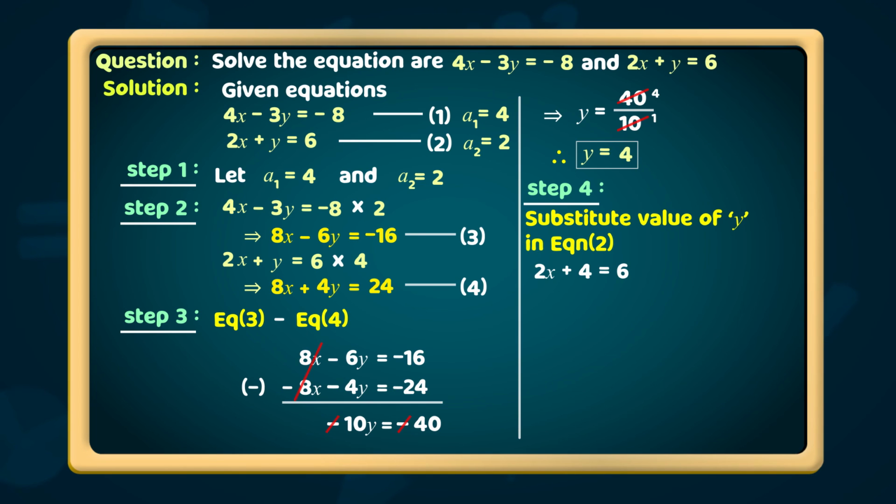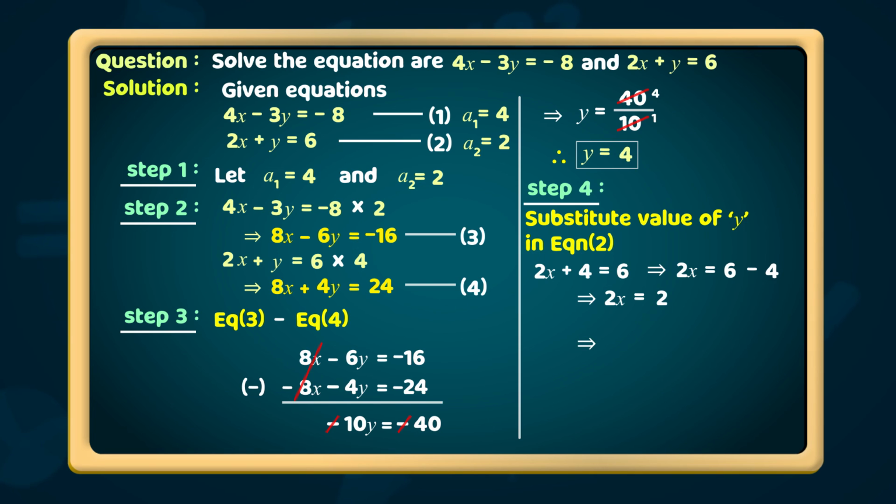We substitute y value as 4. That implies 2x equal to 6. Transpose the term 4 to the RHS. It becomes minus 4. That implies 2x equal to 6 minus 4 gives 2.